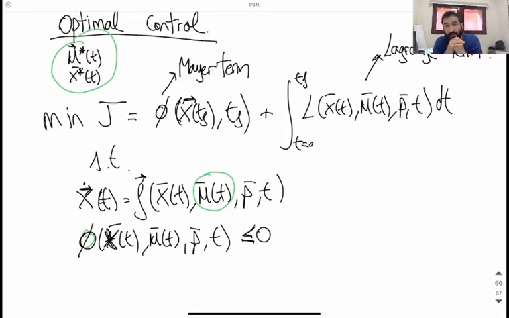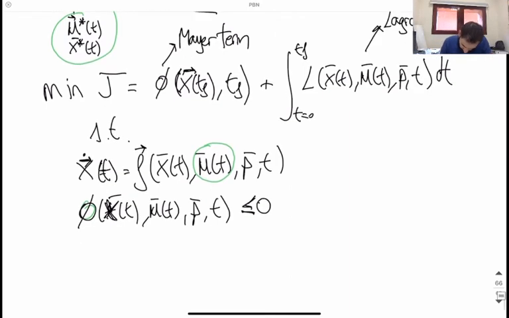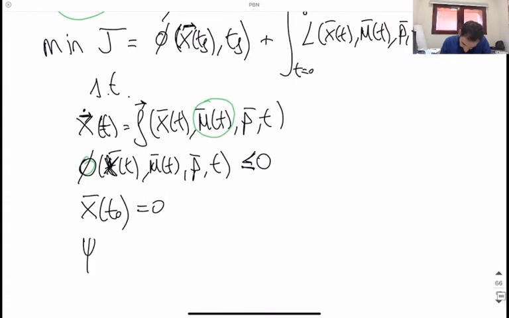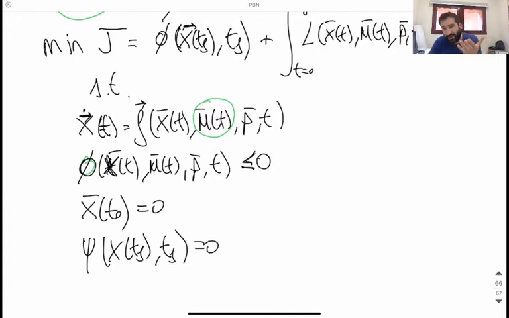Or I can also tell the system that my CL must be between the maximum value and 0. My true airspeed should be greater than stall speed, and lower than divergence speed, and so on and so forth. Those are equality and inequality constraints. Then I will have an initial value. Typically, I have a final value. It can be a final value in the state variables, but it can also be a function that tells me that I need to finish in a given region of the domain.